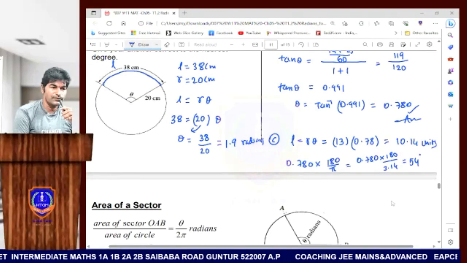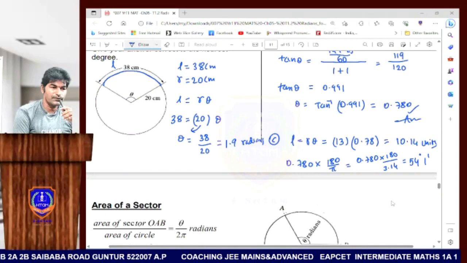You have to convert that 0.71 degrees into minutes. 60 minutes equal to 1 degree, so the result is about 1 minute. Write down 54 degrees, 1 minute.